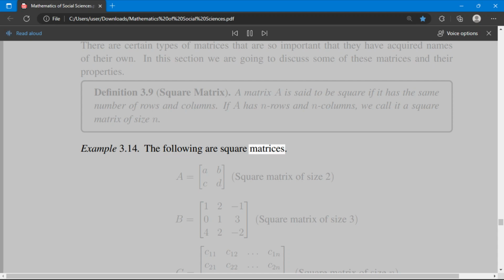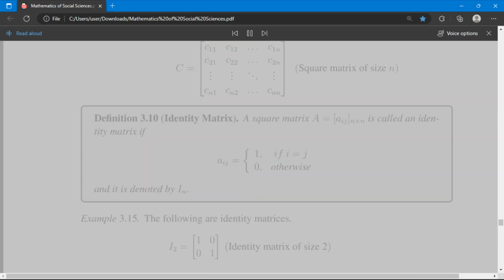Example 3.14. The following are square matrices. A = [a b; c d], a square matrix of size 2. B = [1 2 1; 0 1 3; 4 2 2], a square matrix of size 3.